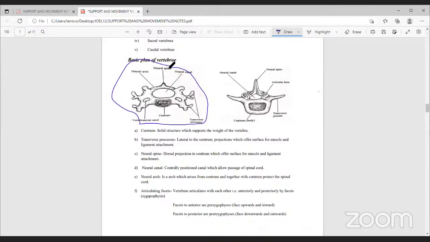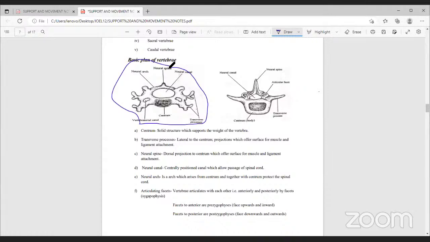And then the first question there: identify the vertebral bone, or identify the vertebra above. That is in an exam situation. These are some of the things that you are going to experience.